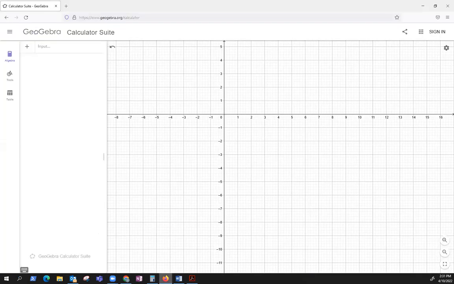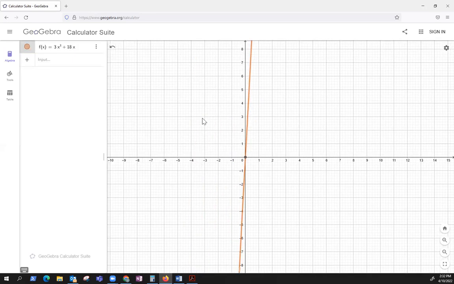So let's look at GeoGebra. And what I'm going to do is graph those two functions. The first one was 3x cubed plus 18x. There's the graph of this function. I'm going to change my view. We can't really see what's going on.